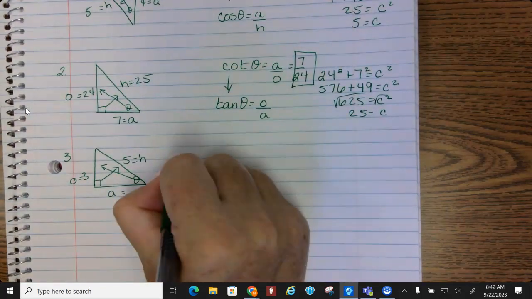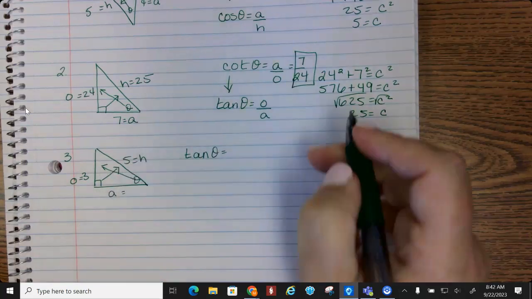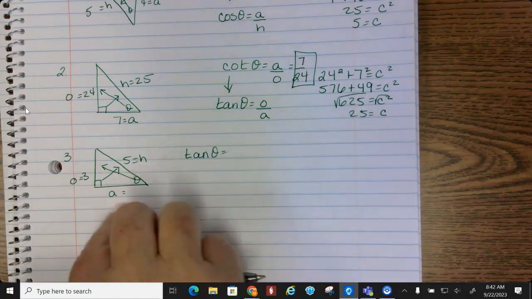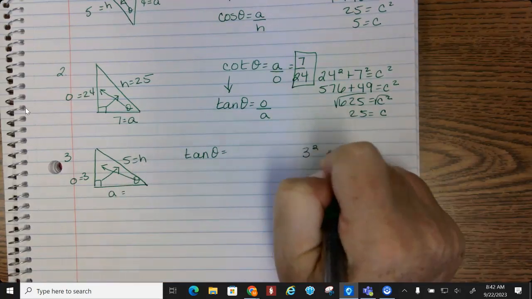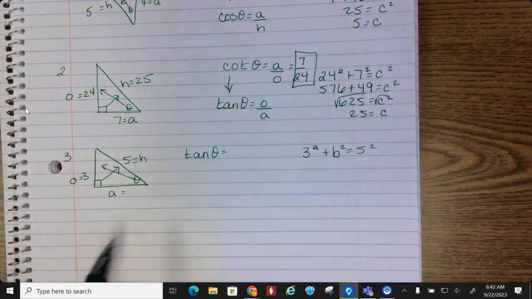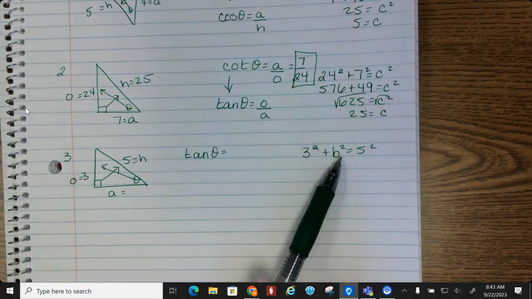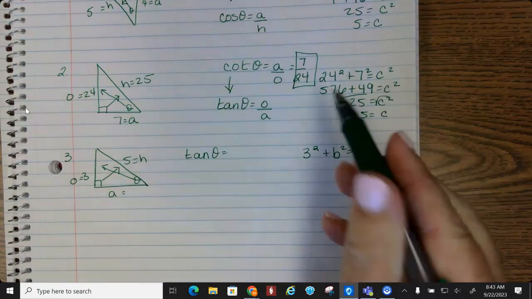What are we trying to find here? Tangent. So here, we want to be careful. We have our c value. We're finding one of the legs. So 3 squared plus b squared equals 5 squared. I know this says a, and it doesn't matter if you find a squared or b squared. The only thing that really matters is that 5.